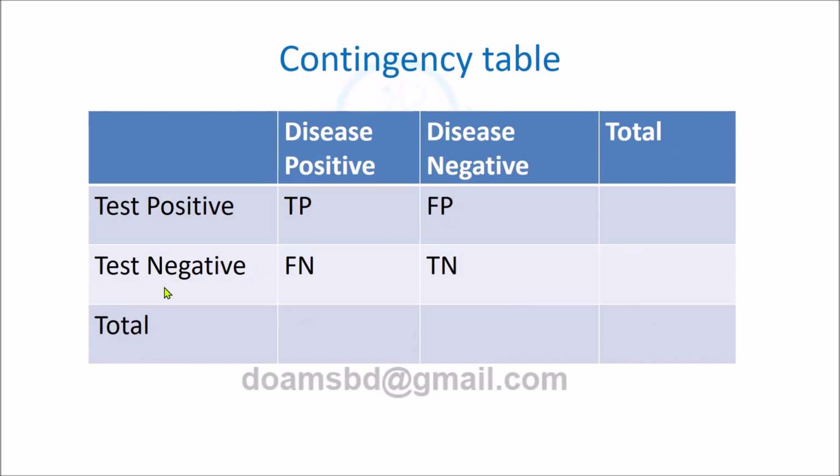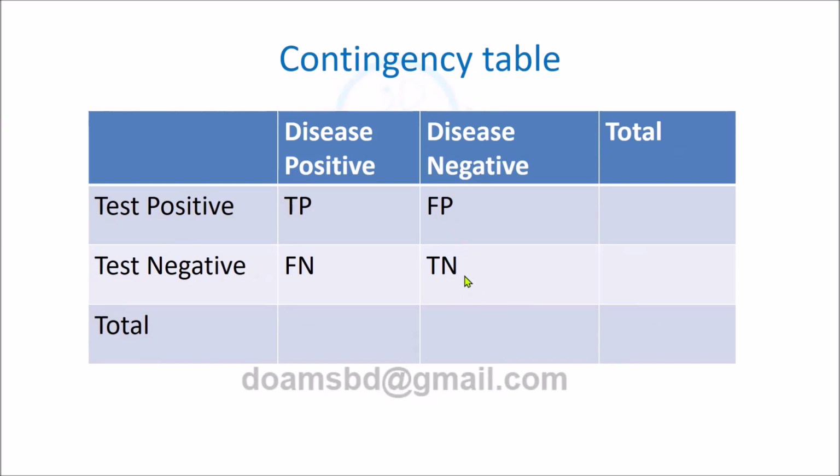Similarly, in the non-diseased, the test will tell negative. If you come to the right one, TN, we are testing, because you know that for any test, for blood sugar also, we are testing many patients, and all are not detected as positive. It is true. But actually, the patient does not have the disease. It is truly detected negative.